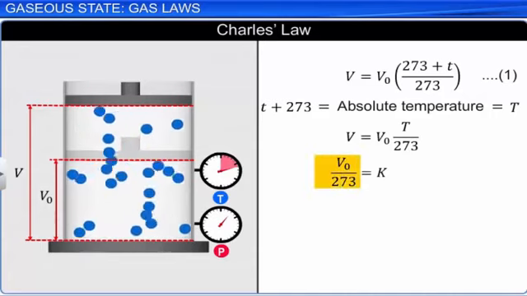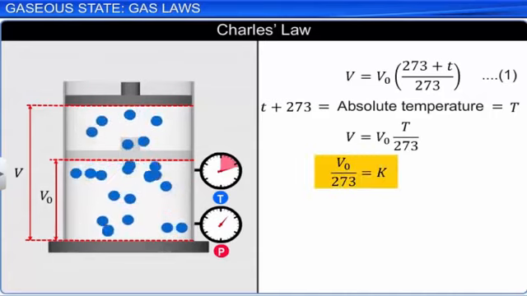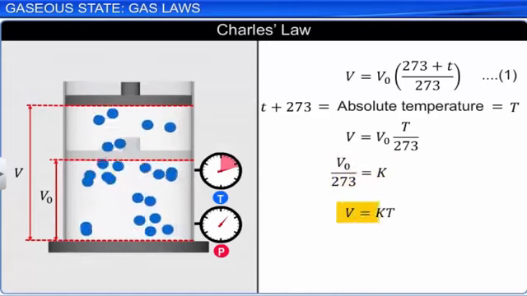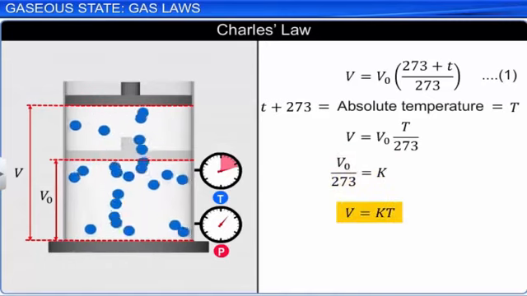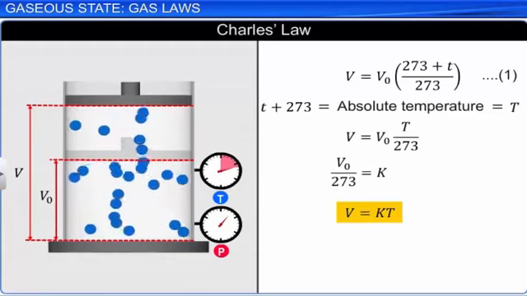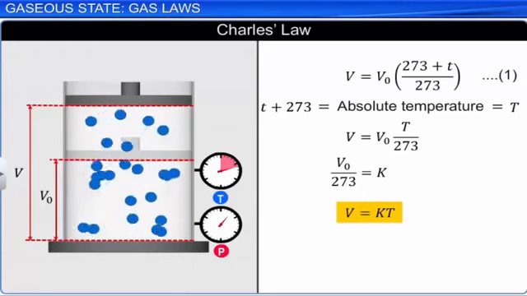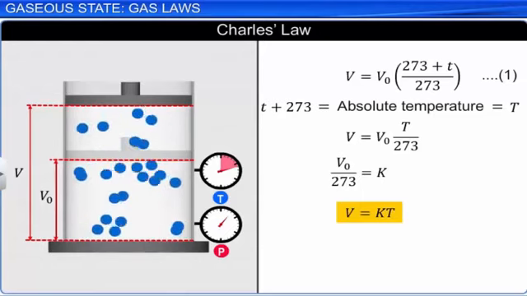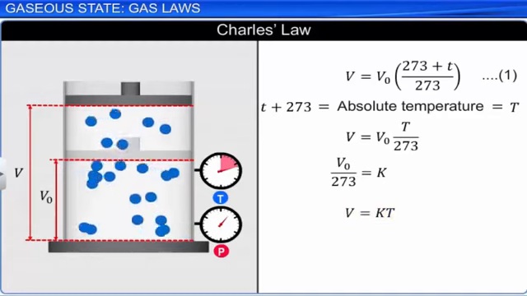Therefore, V is equal to kT, where k is a constant. Remember, temperature T is in Kelvin scale. This is the mathematical expression for Charles' law, which states that the volume of a fixed mass of a gas is directly proportional to its absolute temperature if the pressure is kept constant.